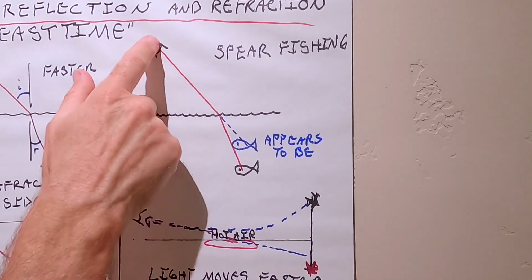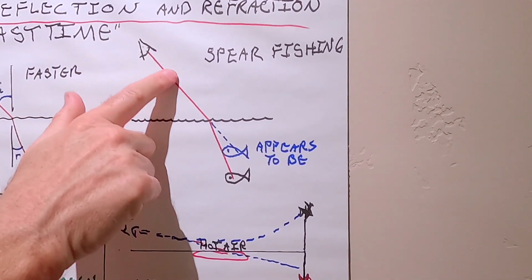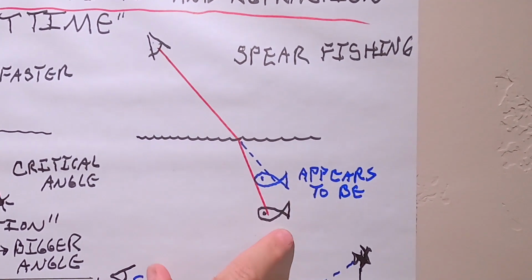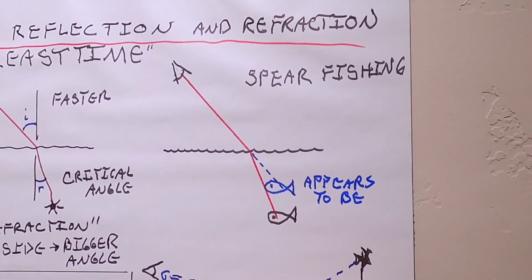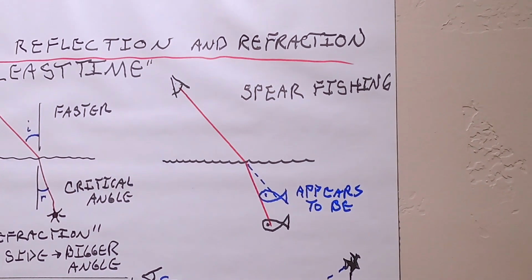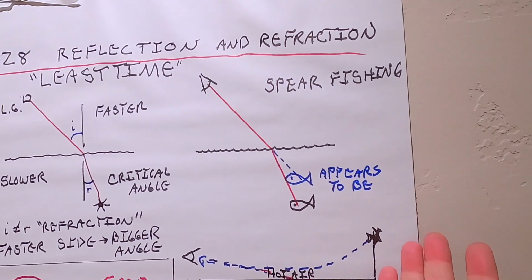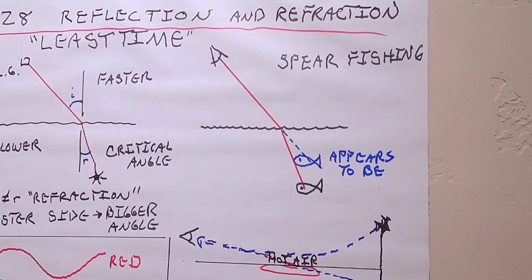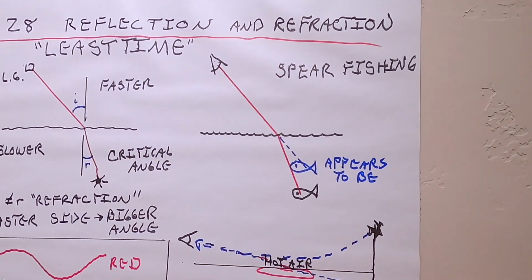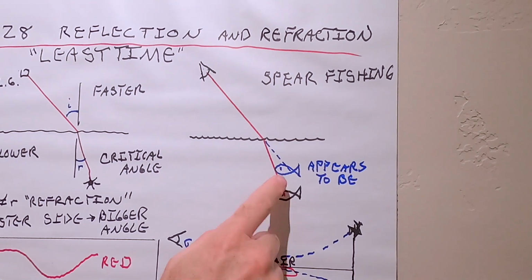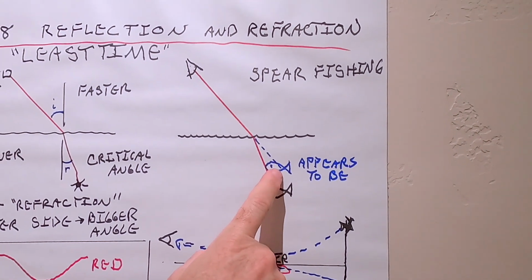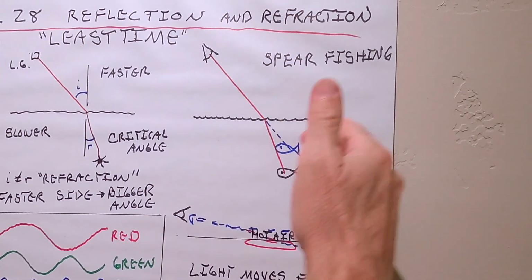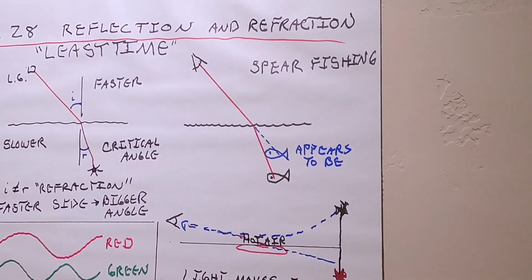Well, your eye doesn't know the light bent, so you think the fish is right there. That's where he appears to be, but he's really there. So things appear shallower than they actually are. So if you're out spearfishing, don't aim right at him. You better aim below him. I don't know how many cavemen must have died because they kept aiming right at the fish. You have to aim below the fish to hit him. Maybe it was the cross-eyed people that saved us.